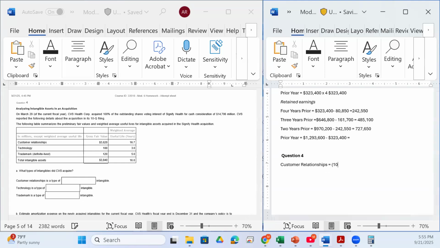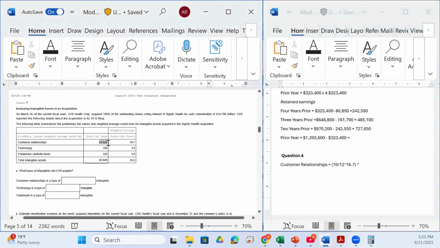So 10 months out of 12 months, times 16.7 years. This is the time for which you have to calculate customer relationships, multiplied by the total fair value.